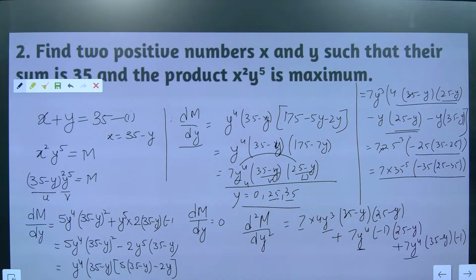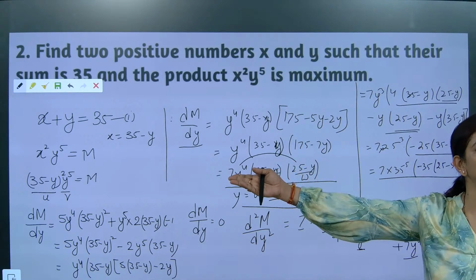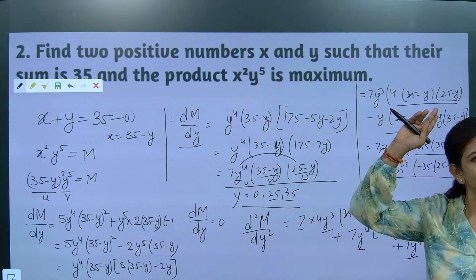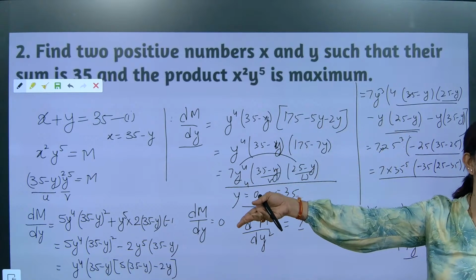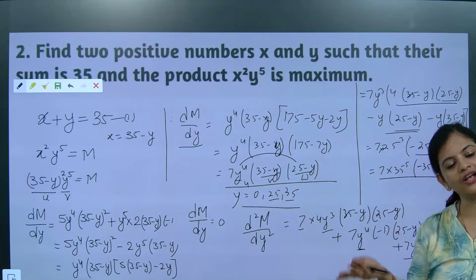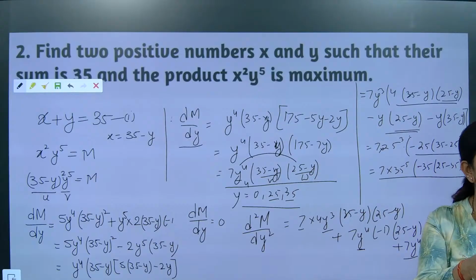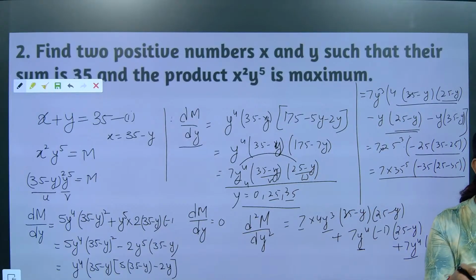Yes, that part is coming, but you need to solve by the critical points now. By seeing itself, we told that y to the power 5 is there. Directly substituting, one answer will come. 0 and 35 will not come by seeing that, because they will be giving you minimum value.